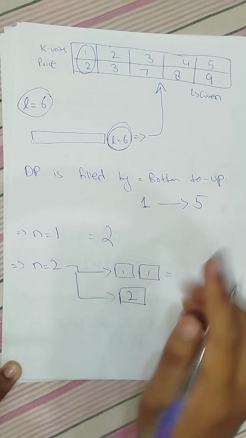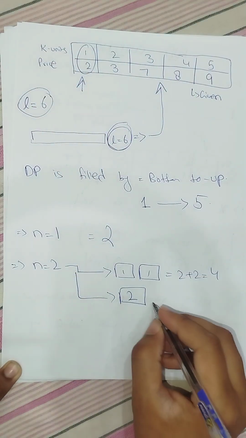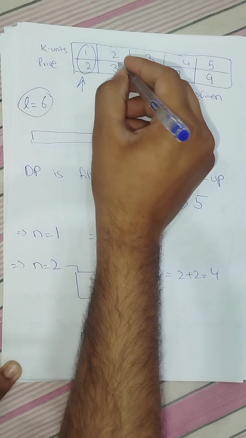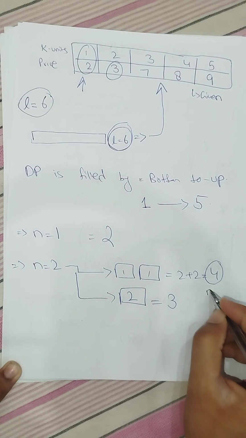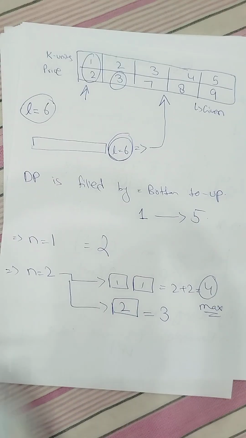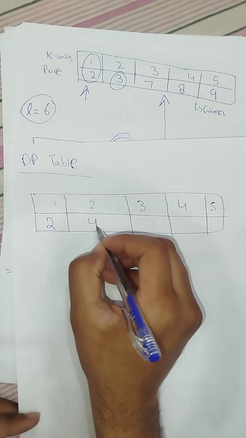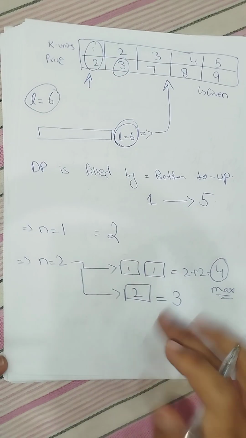If we go for 1 1, then we have 2 plus 2 is equal to 4 by this price chart, and if we go for 2, then we have 3. So we have a maximum of 4, which can be done by 1 1. So in the DP table I am going to write the profit 4.